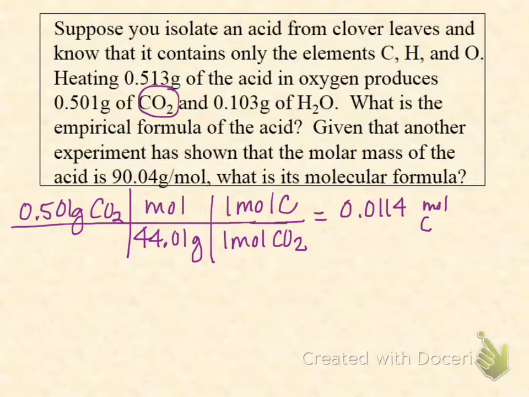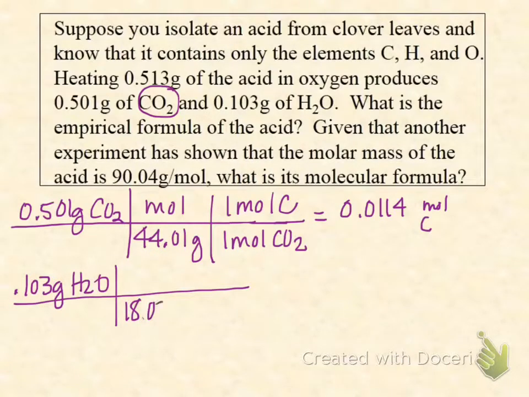Now I'm going to do the same thing with the water. I'm going to say 0.103 grams of water, and I'm going to divide by the molar mass of water, which is 18.02.